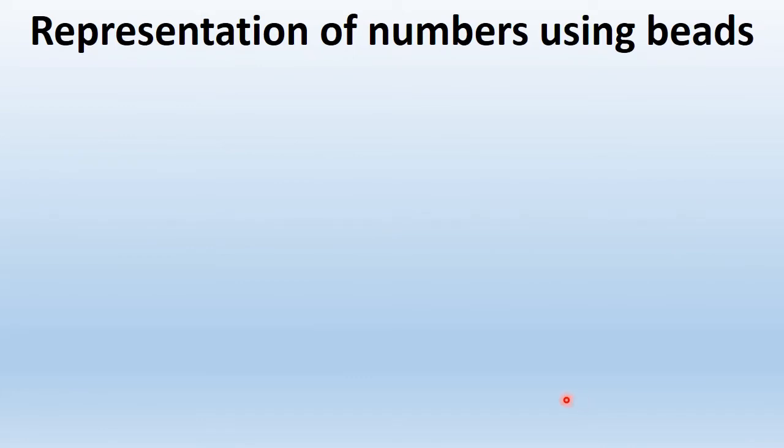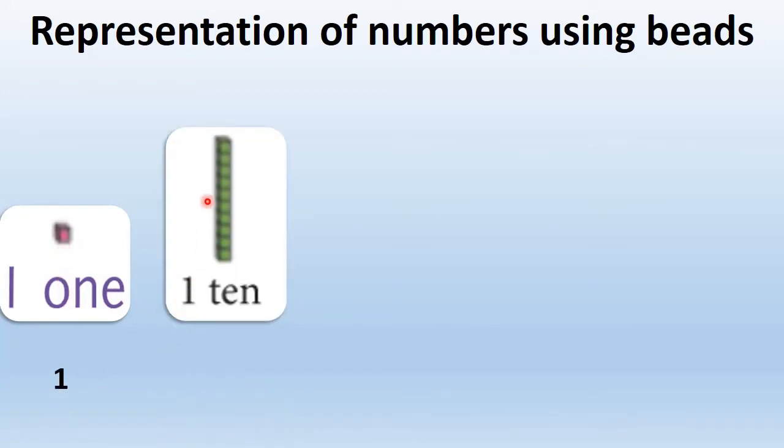Representation of numbers using beads. This single bead is 1. We learned all these in class 1 and class 2 itself. The single bead represents the number 1. And this is a line of beads in which there will be 10 beads, which represents 1 ten, or simply we can say this represents the number 10.